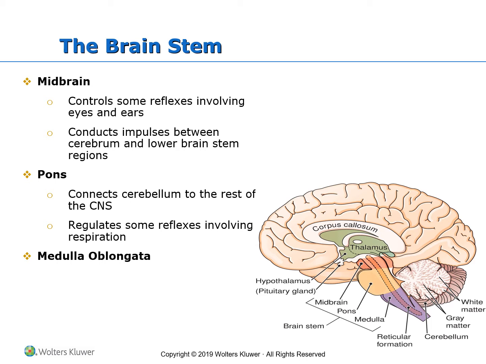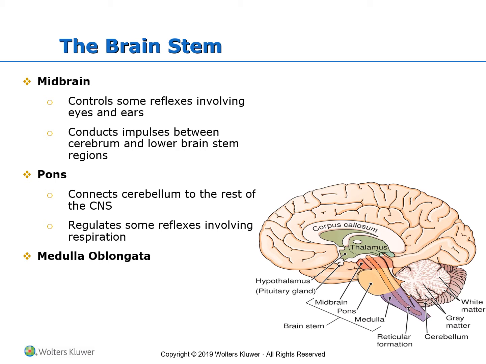Those nuclei are the control centers for very basic homeostatic functions of the body. Among them you can find the respiratory centers that control the muscles of respiration and maintain a consistent blood gas level. Those centers respond to an increase in the CO2 in the blood and will increase the respiration activity to lower the value of CO2 in the blood.